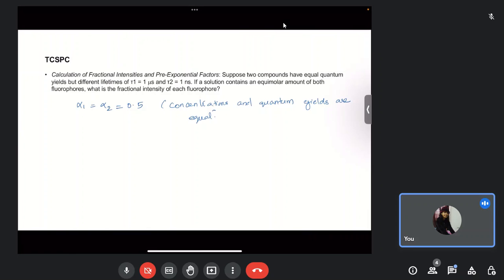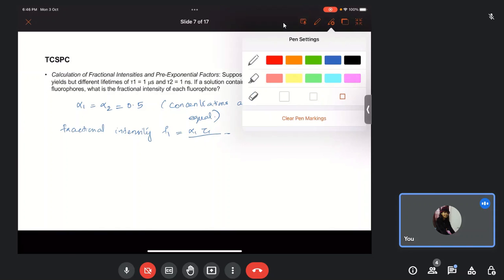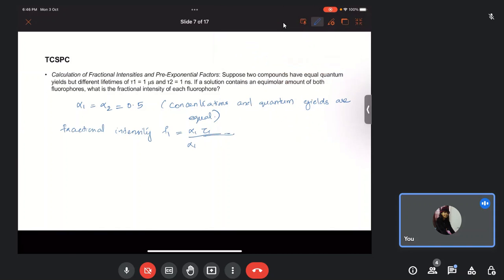So if we have to find the fractional intensity, F1 is equal to alpha 1 tau 1 divided by alpha 1 tau 1 plus alpha 2 tau 2. So tau 1 is 1 microsecond, which is 1000 nanoseconds.